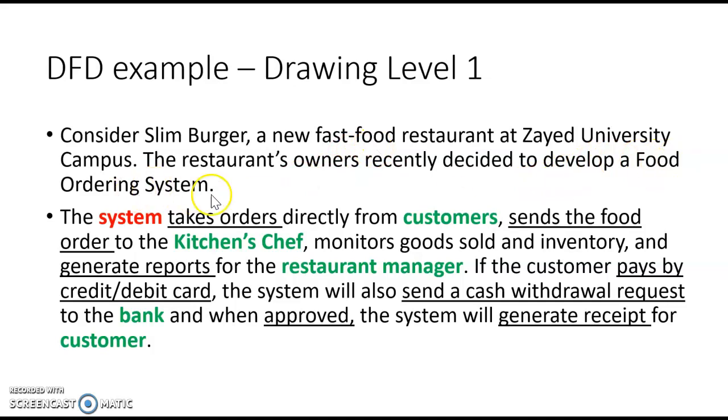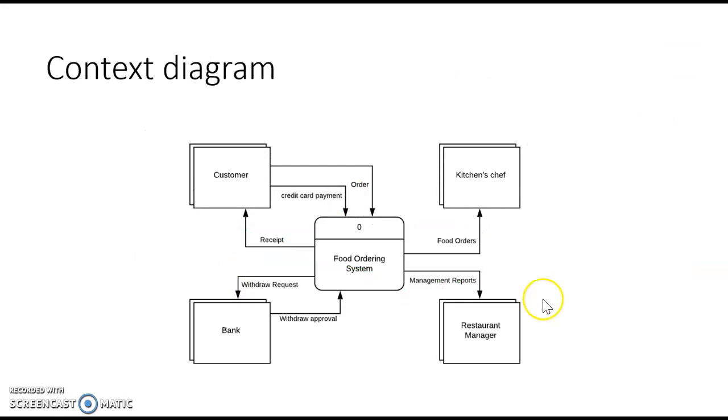A food ordering system for a restaurant inside a university was identified in the context diagram. Our external entities were the customer, kitchen chef, restaurant manager, and bank, and we identified the different data flows input to the system and output from the system that connect it with all of the different external entities.